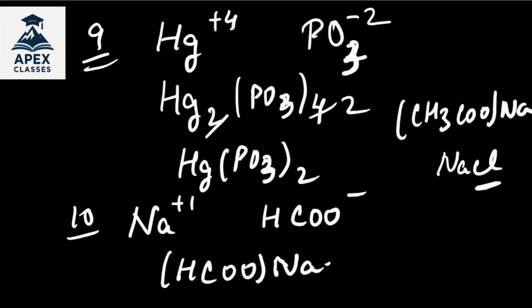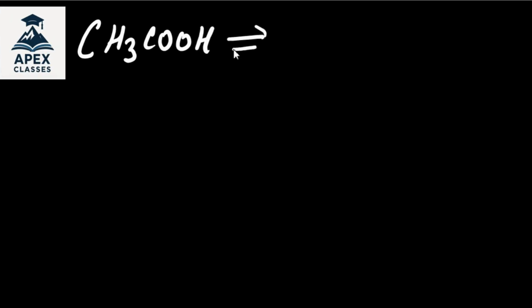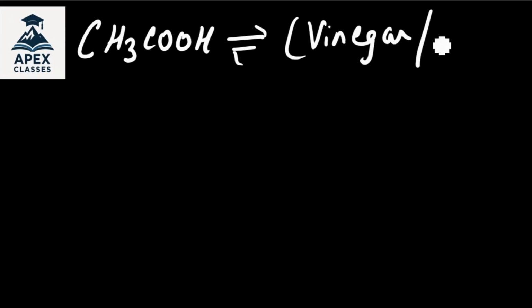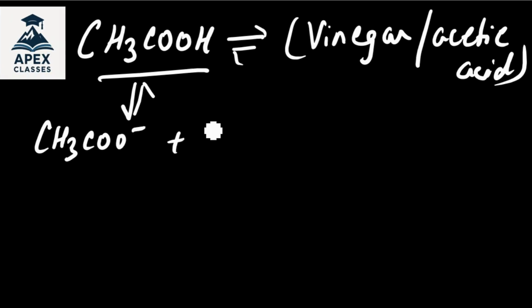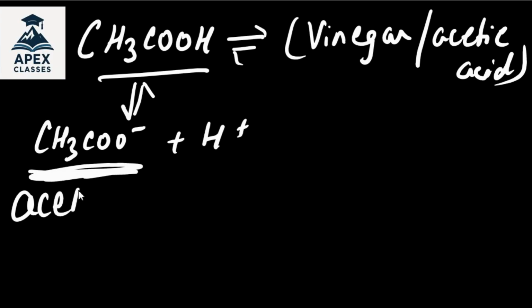Now I would like to show you the mechanism of 2 more organic acids. First is CH3COOH. This is our favorite vinegar or acetic acid. When this acid dissociates, it gives CH3COO minus and H plus. This CH3COO minus is our acetate ion.